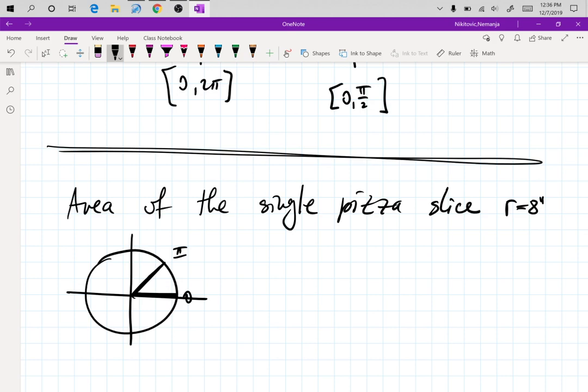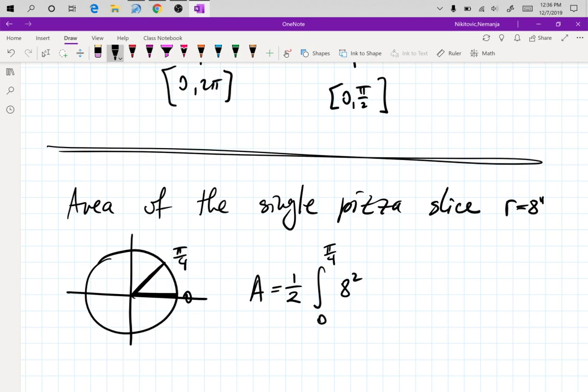So now we can calculate 1/2 integral from 0 to pi over 4 of 8 squared d theta. That's 64 theta cut in half, which is 32 theta from 0 to pi over 4, and then 32 times pi over 4 minus 0, which is 8 pi inches squared.